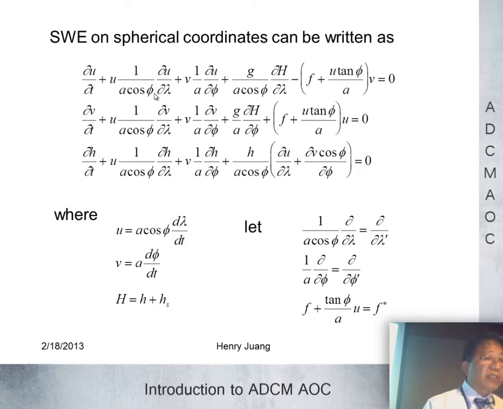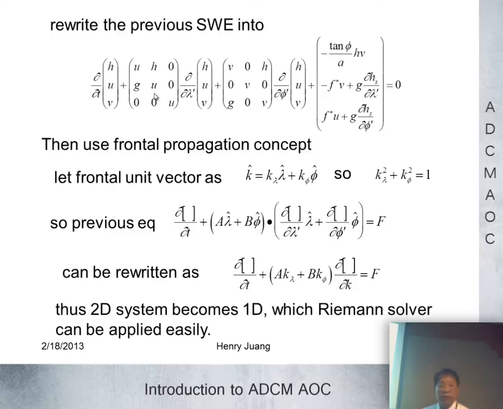Okay, so this is the zero order equation on the sphere. If we make it simple using the coordinate of the line, then the equation can be made into a matrix form. But we know that the Riemann solver is one-dimensional, so we have to solve for the frontal propagation direction, lambda or phi.